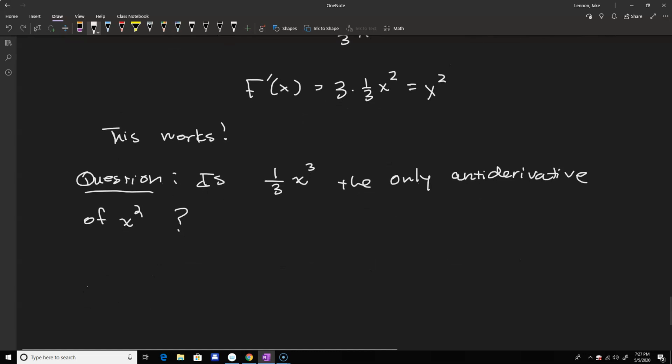You might want to pause your video and think about that. Fundamentally, the main part of it is going to stay the same. But there are things that have derivatives that equal 0 that would change it, namely constants. So the answer is, in fact, no.